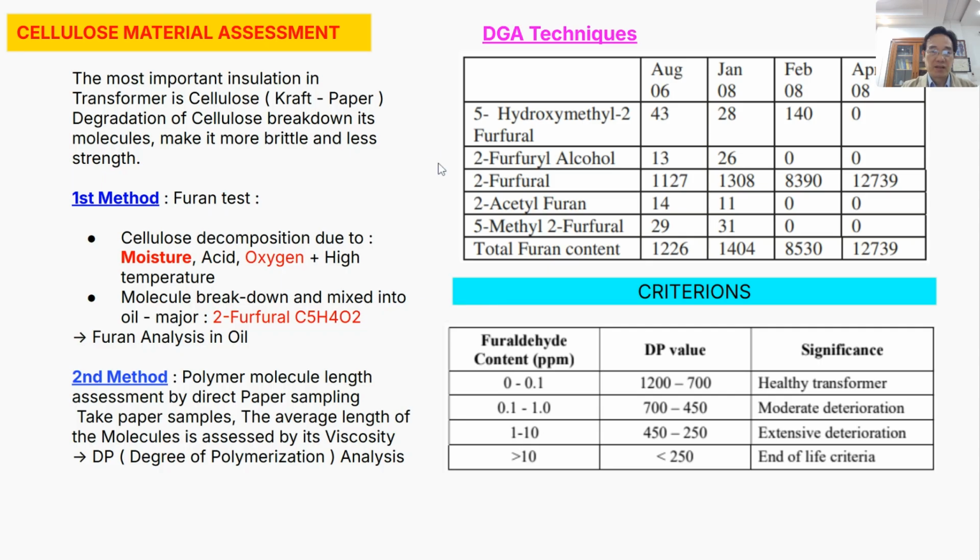So the strength and the quality of the cellulose insulation material in a transformer depends on the length of the molecule of the polymer.